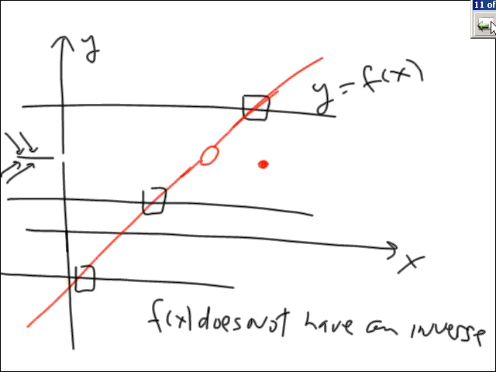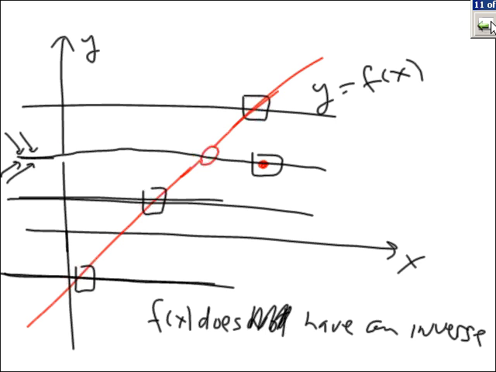Everything you see in red is part of the graph. That circle, there's no point there. This is the graph of a function, because any horizontal line I draw, including this one, only crosses in one place. It only crossed there. This f of x does have an inverse.